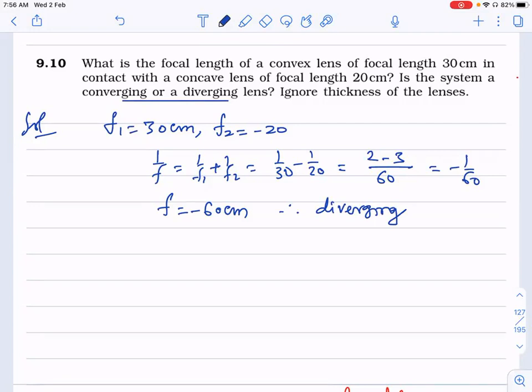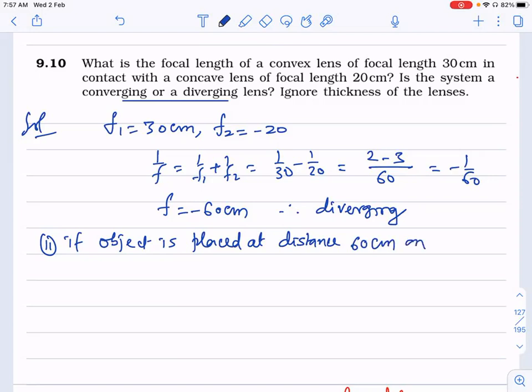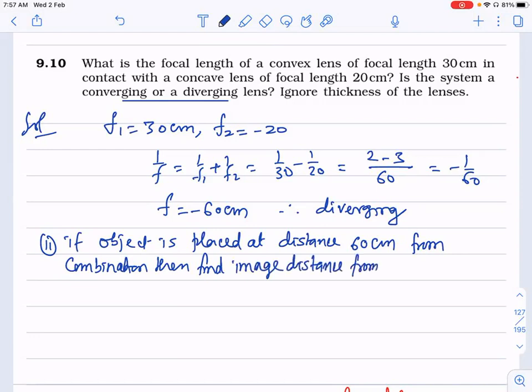Now इसका second part बताइए. If object is placed at distance 60 centimeter from combination, then find image distance from lens. बोलो क्या आएगा?